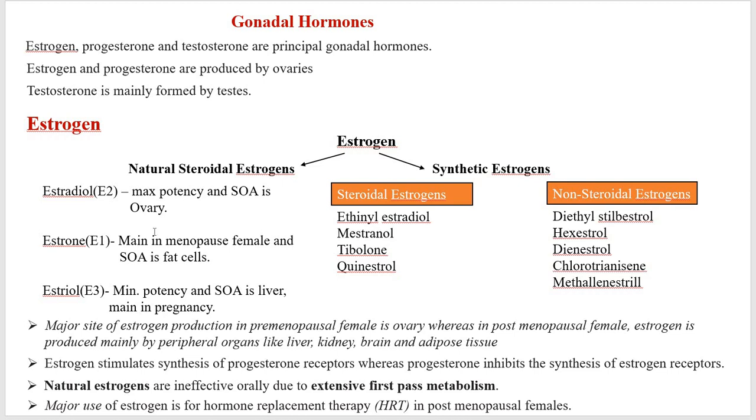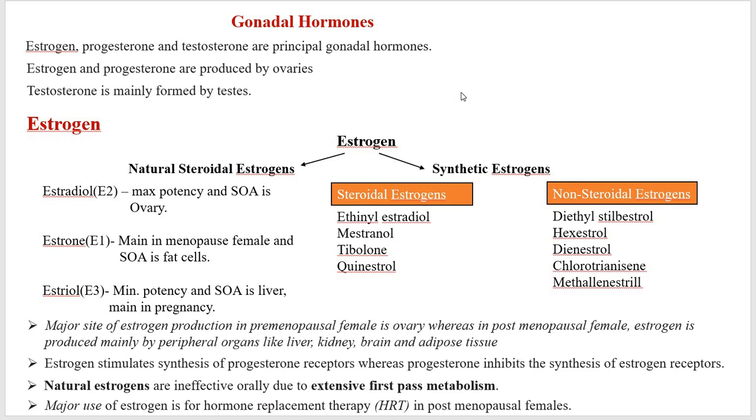So you have to remember which form of the hormone has maximum potency and which form is present in maximum quantity in which kind of females. In menopausal females, estrone is maximum, and in pregnant women, estriol is maximum.